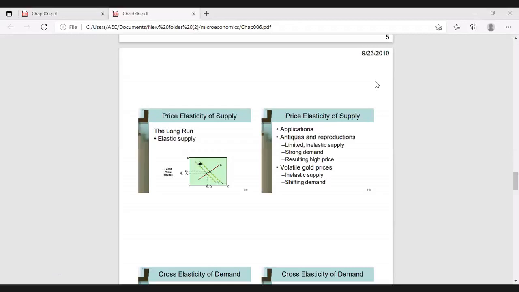We know supply depends on production. The supply elasticity is determined by how easily we can shift the resources. Gold mining consumes a lot of cost and also time.